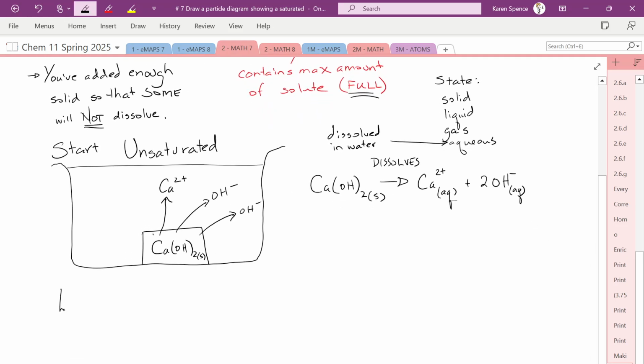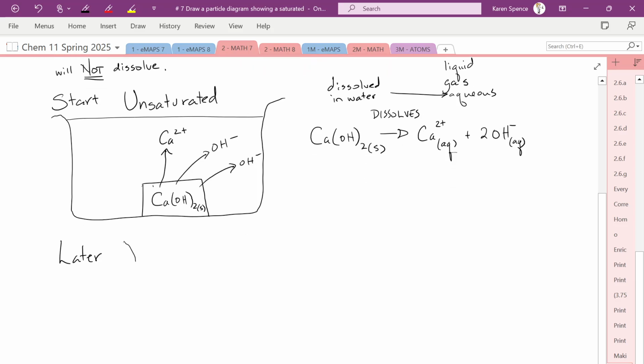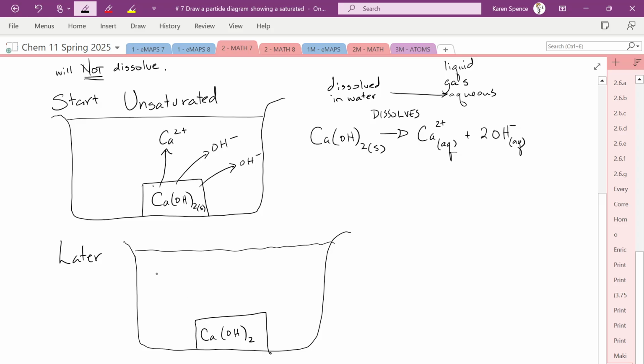Now later, we are still unsaturated. So we already have some Ca2+ and some OH- floating around, and we have some more Ca2+ and OH- floating around.